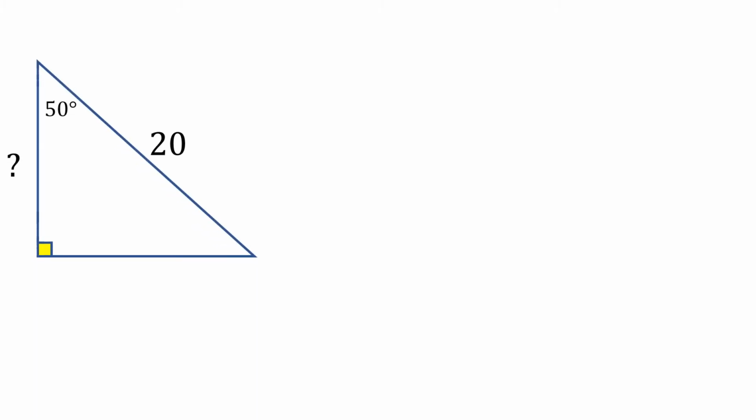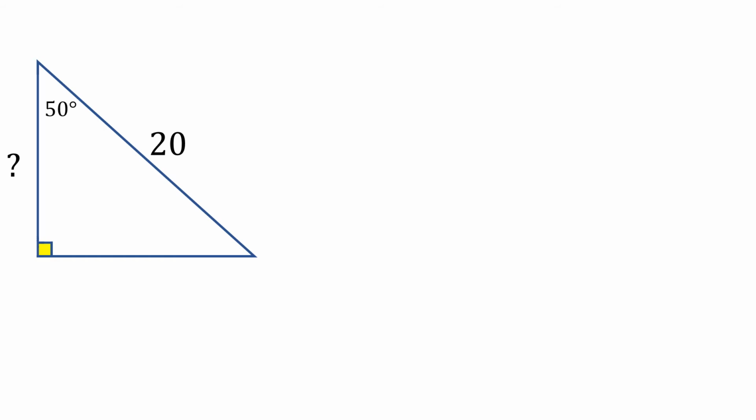So let's have another example. We have a given angle that is 50 degrees, hypotenuse that is 20, and a missing adjacent side. So which trigonometric ratio are we going to use? We have a given angle, hypotenuse, and a missing adjacent.